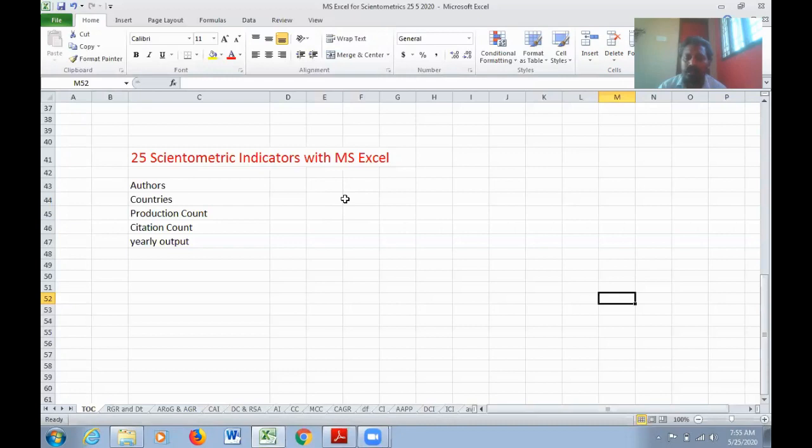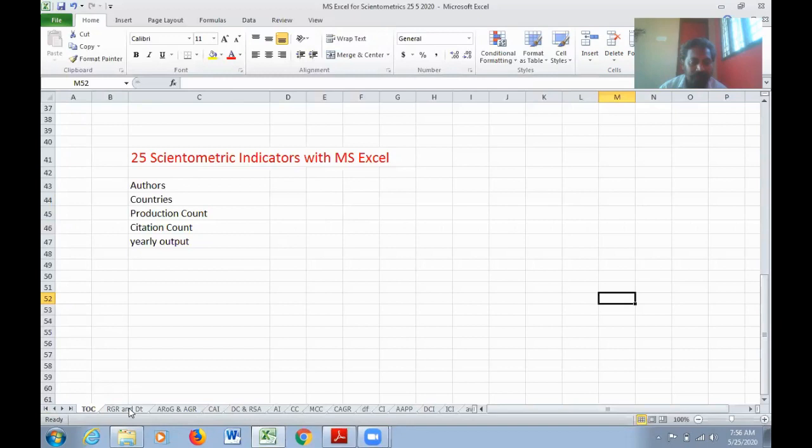So many indicators look similar, with the same pattern and only one or two modifications. This is an evolving field where you get a lot of new indicators. But we would like to confine this presentation to these 25 scientific indicators. Apart from this, there are many more in the field which you can explore by yourself.